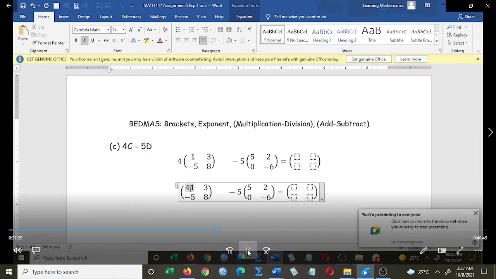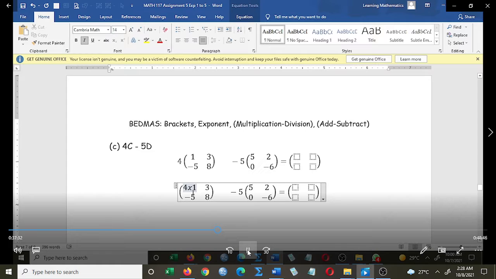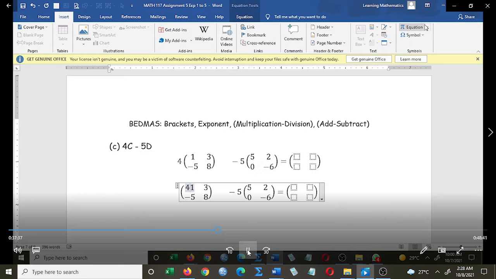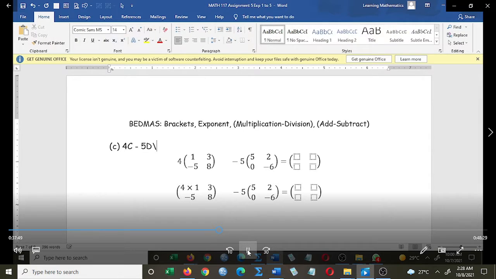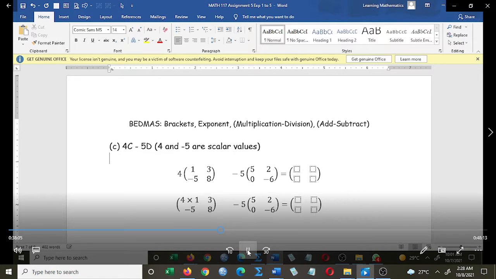Now, when you're multiplying by a scalar value, you have to multiply each element by that scalar value. 4 and -5 are scalar values.